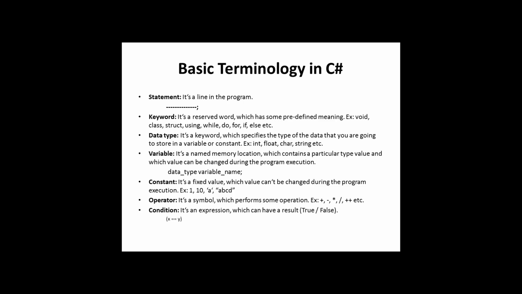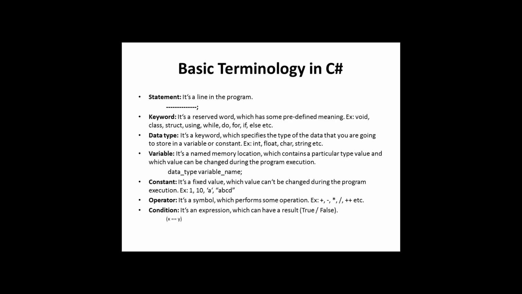Any reserved word, meaning a predefined word which is already defined, you will generally see in blue color or gray color. Those may be if, else, do, while, for, class, structure, void, using. These are reserved words called keywords.